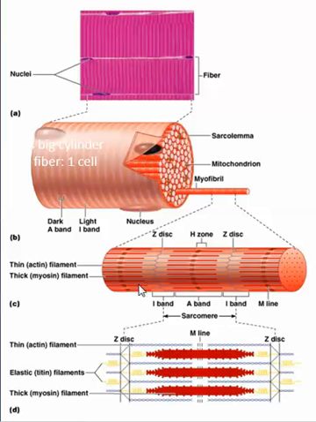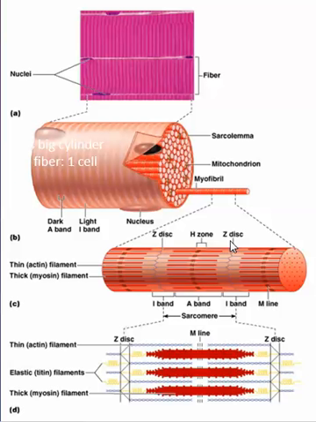And these proteins are organized into thin filaments and thick filaments, which repeat along the length of the myofibril in sections called sarcomeres. And the muscles contract by sliding the thin actin and thick myosin filaments along each other. So now we know what the sarcomere is.